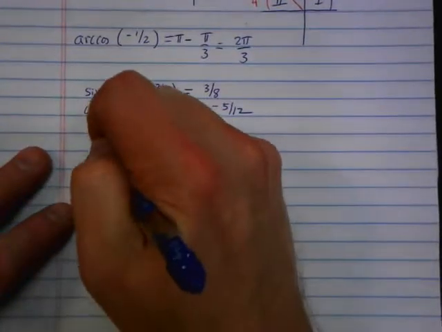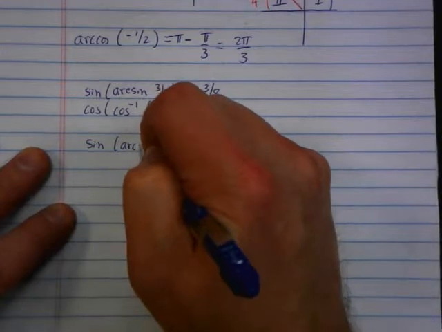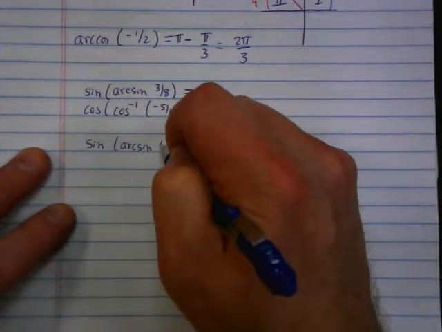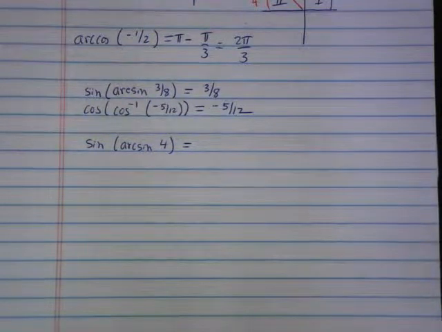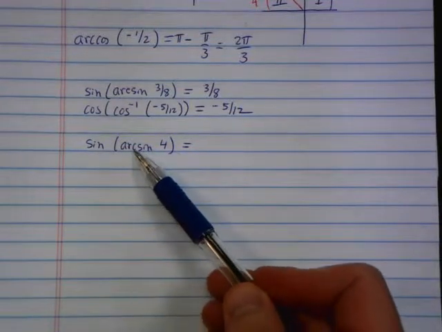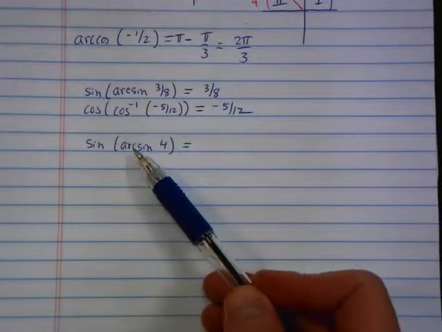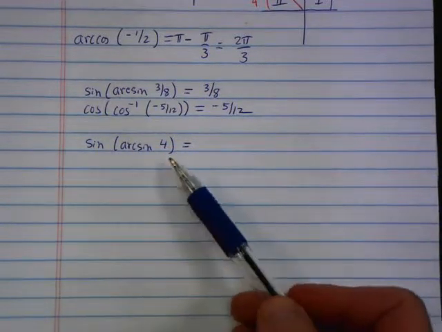All right. How about the sine of the arc sine of 4? Can't do it. Why not? Outside of the domain and range. Can I take the number 4 and plug it into arc sine? No. Why not? It's not in the domain and range.